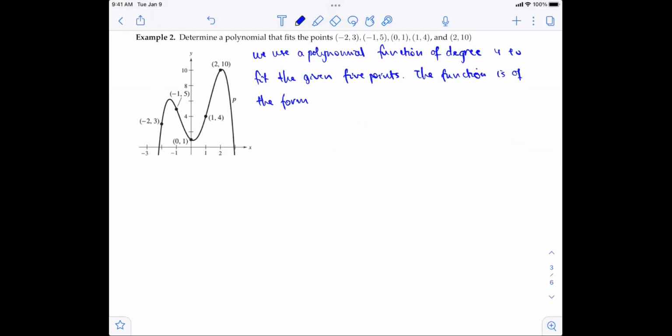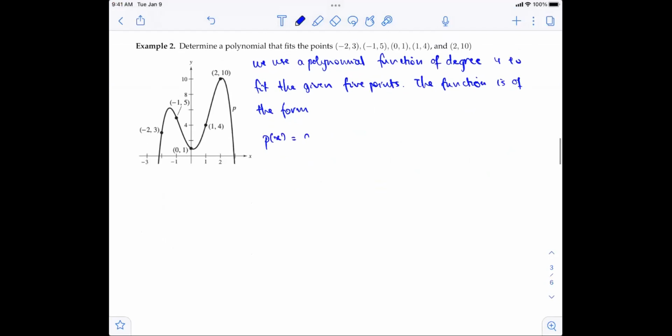Right. So you have P of x is equal to a0 plus a1x plus a2x squared plus a3x cubed plus a4x to the fourth. Now, we need to obtain the system of linear equations to solve for a0, a1, a2, a3, and a4. To do so, you just substitute the 5 points into the function.